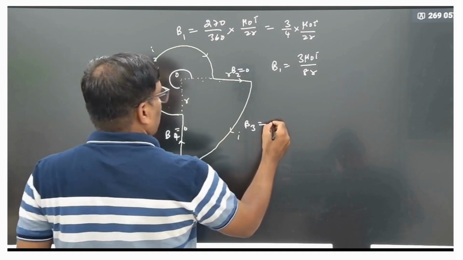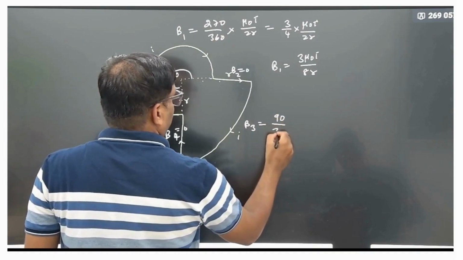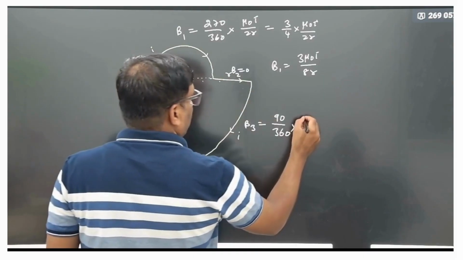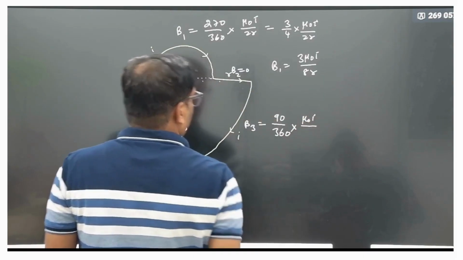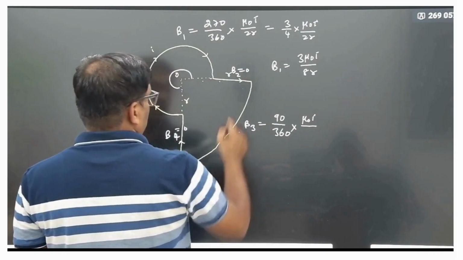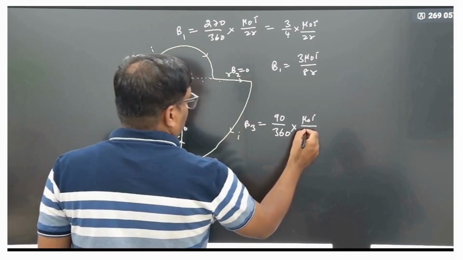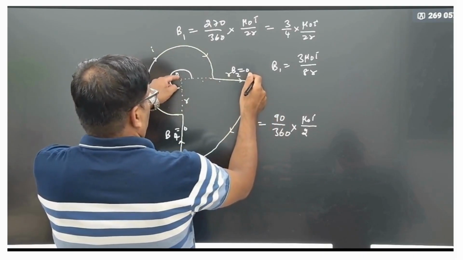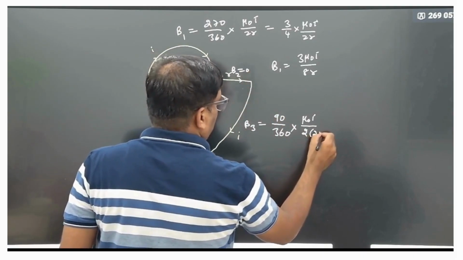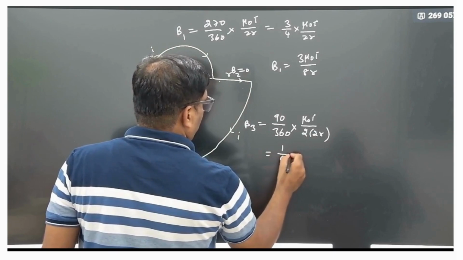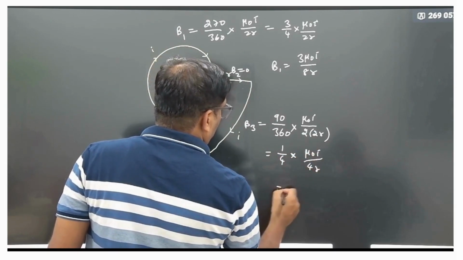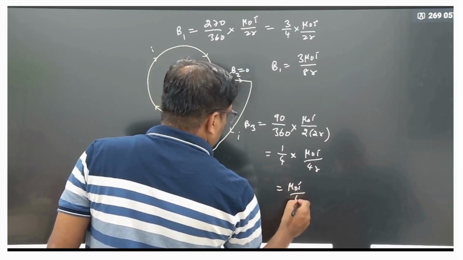Therefore 1/4 part means 90 by 360 into mu naught I by 2 into radius. This is R and R, so it will be 2R. Clear? So this is 1 by 4 into mu naught I by 4R, therefore mu naught I by 16R.